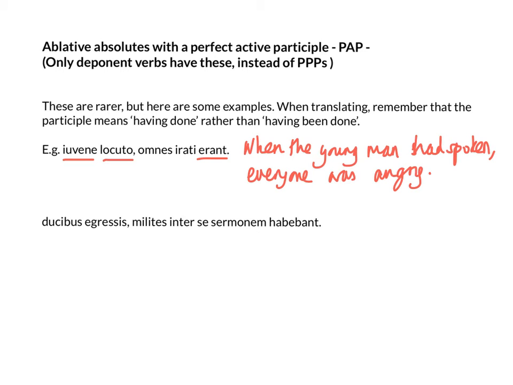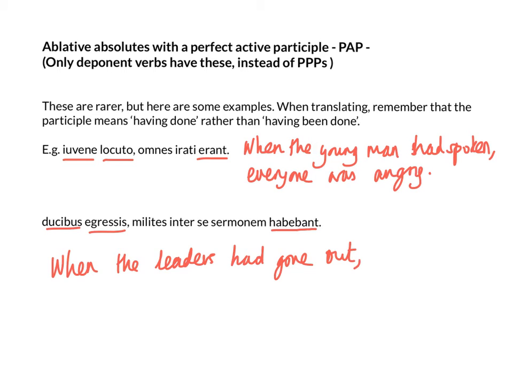Last example, we'll just check the main verb, habebant, well that's past tense, so the whole sentence is in the past. We'll begin with a when, because we do. We take the noun first, the leaders, this is an ablative plural. Egressis, had gone out. And the leaders had gone out. Now the main part of the sentence.